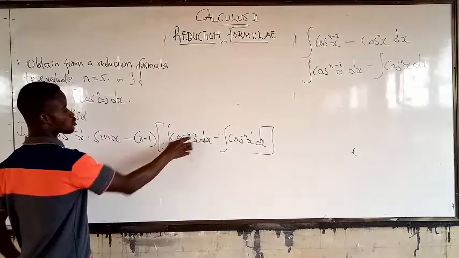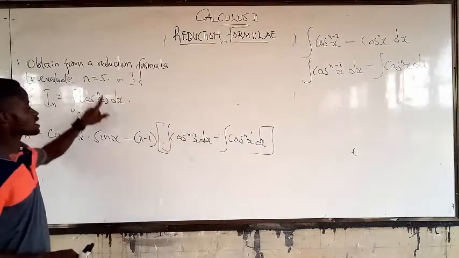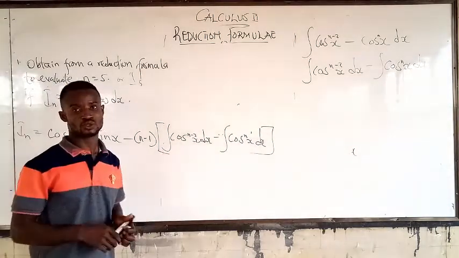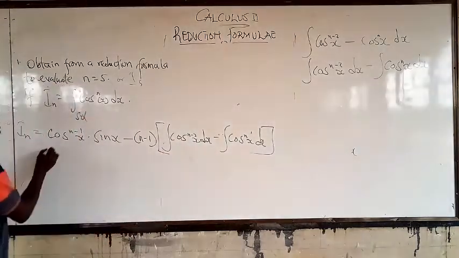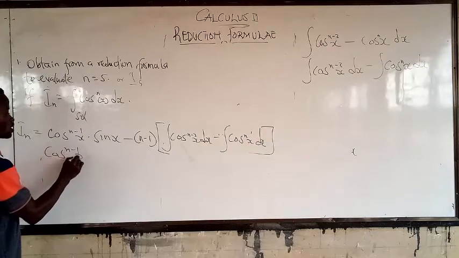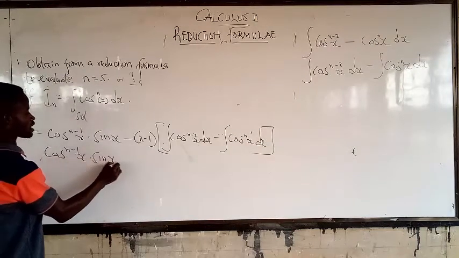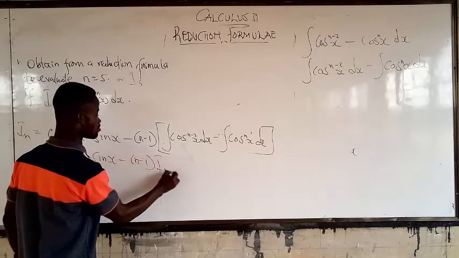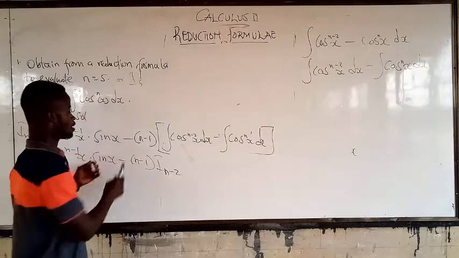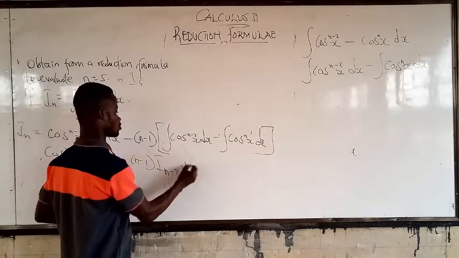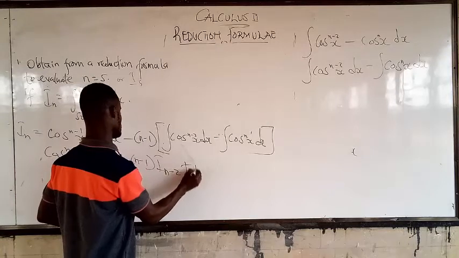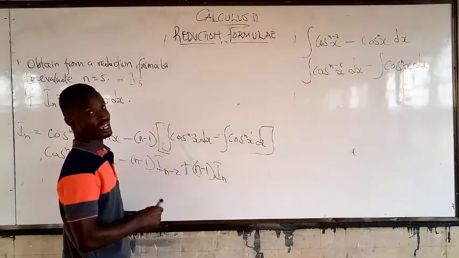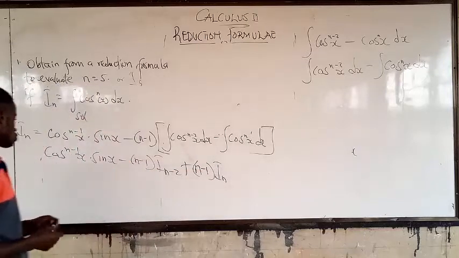And here is n minus 2. It's the same thing, just that here is n, but here is n minus 2. So we represent it by substituting n minus 2. So we get cos^(n-1)x times sin x minus n minus 1 times I n minus 2, and we get n minus 1 In for this and I n minus 2 for this.